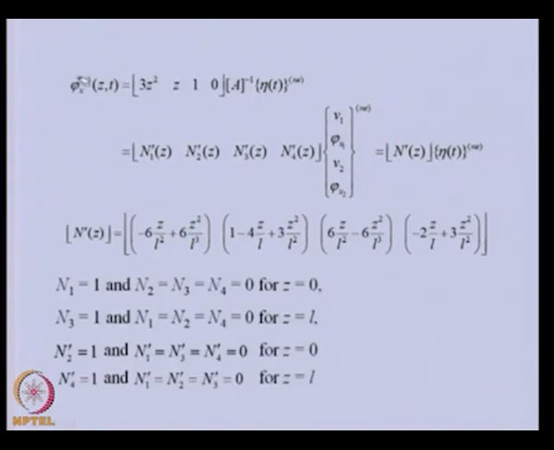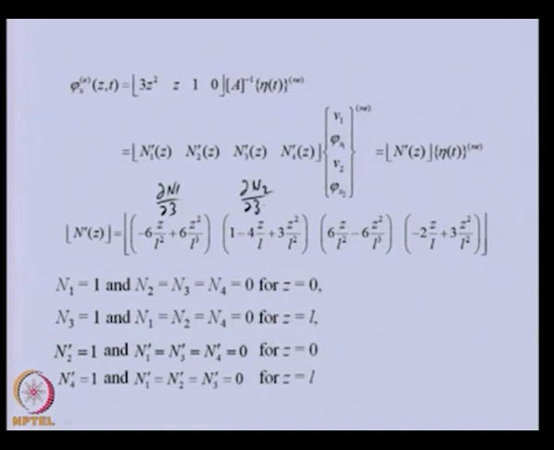For slope also we wrote on similar lines. Here, in place of a, we have substituted the value of a. If we multiply the capital A matrix and this, we will get the differentiation of the shape functions. These are nothing but the differentiation of n1 with respect to z, n2 with respect to z, etc.